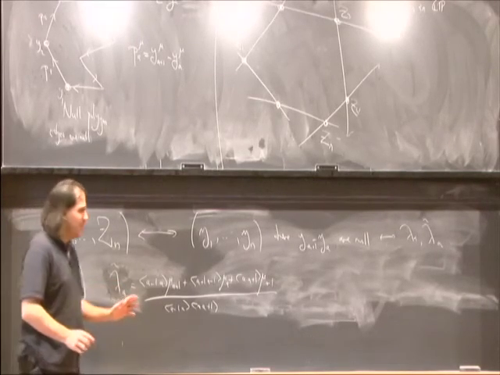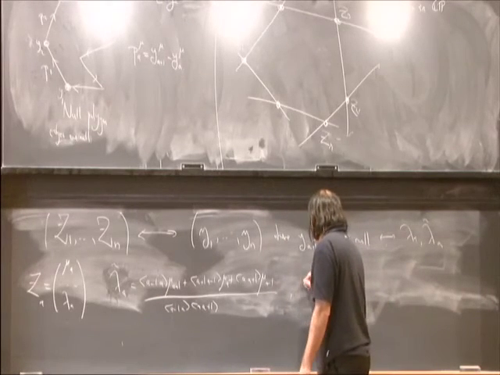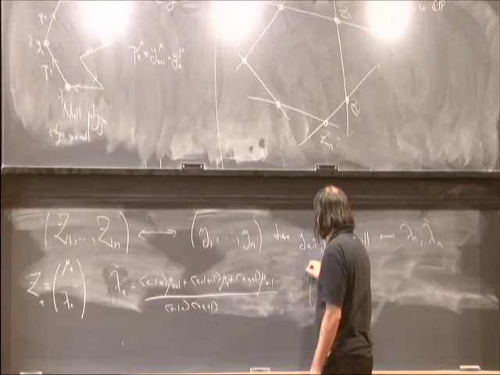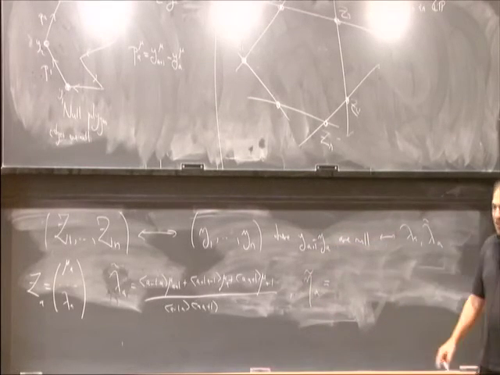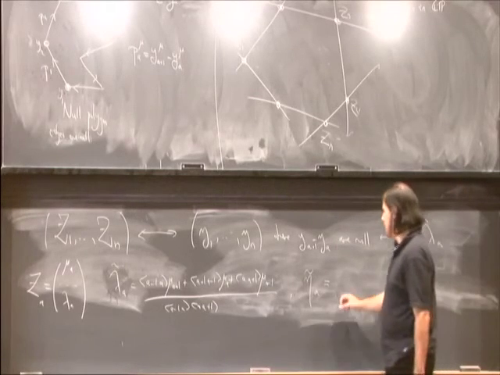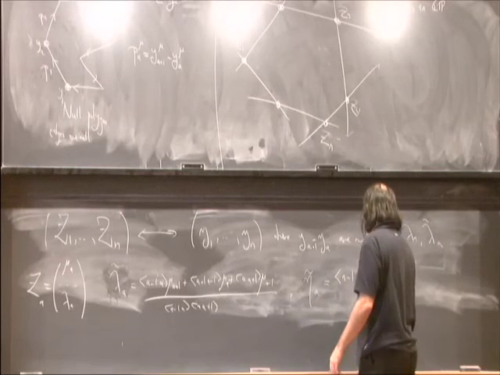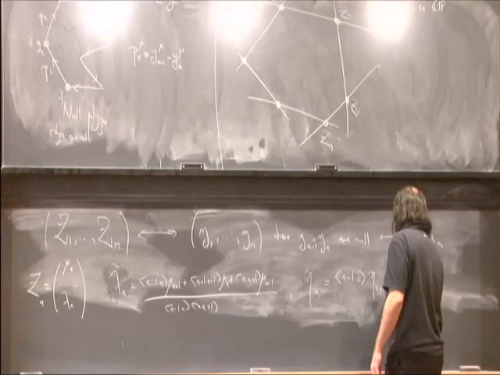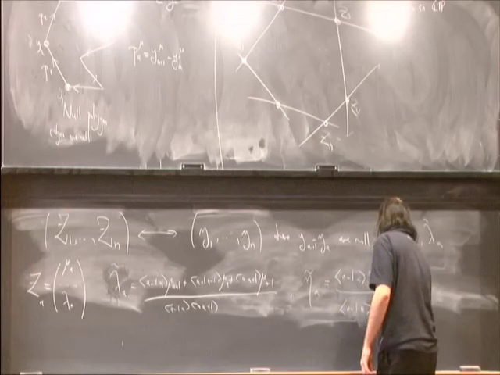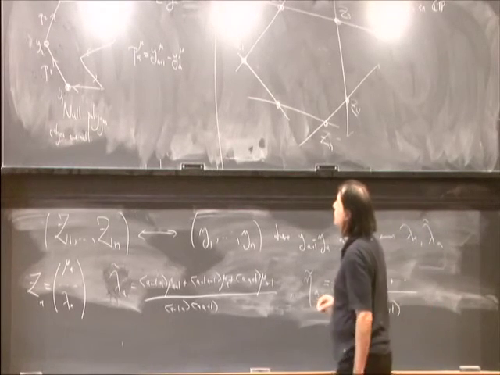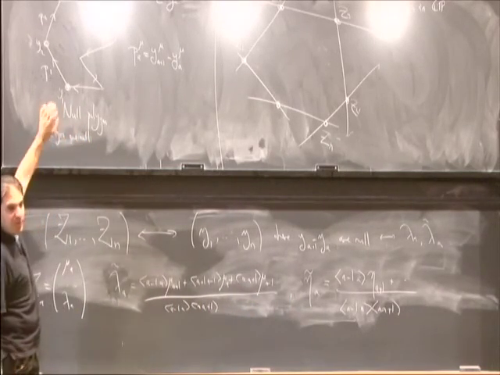And I won't explain it, but there's also an explicit formula for these eta tilde variables in terms of some new eta variables, which is exactly the same. So when you have this picture, you've made momentum conservation completely manifest.